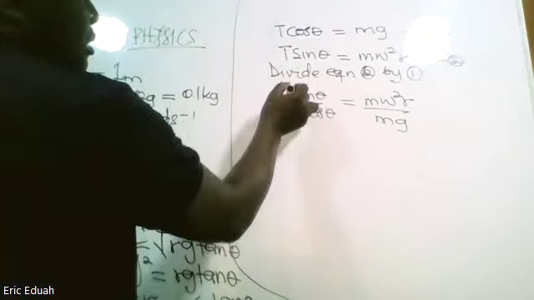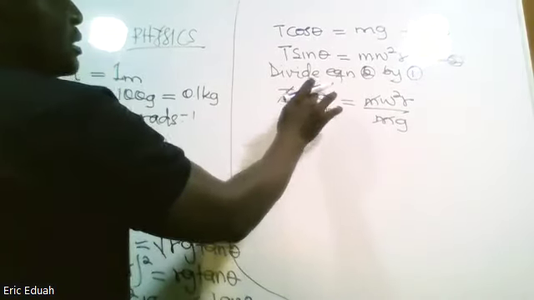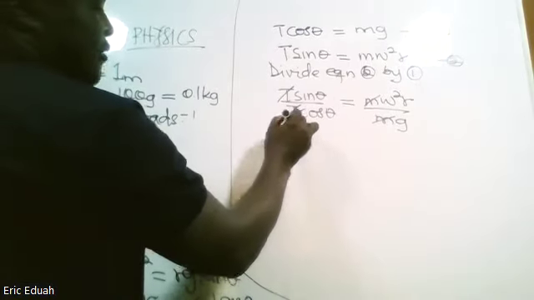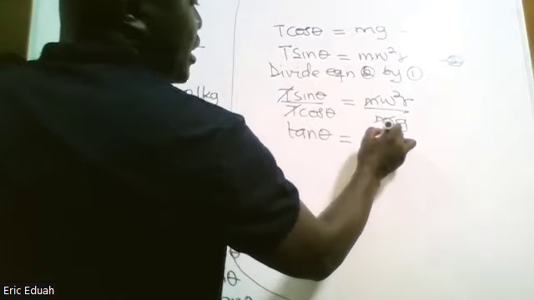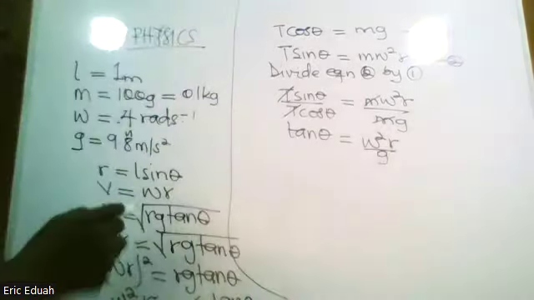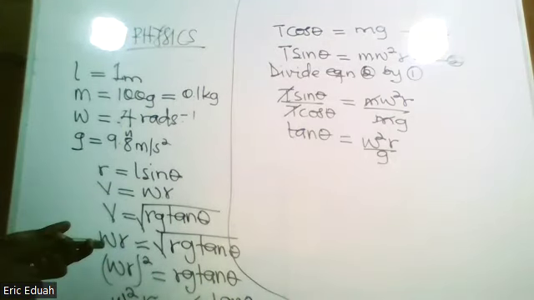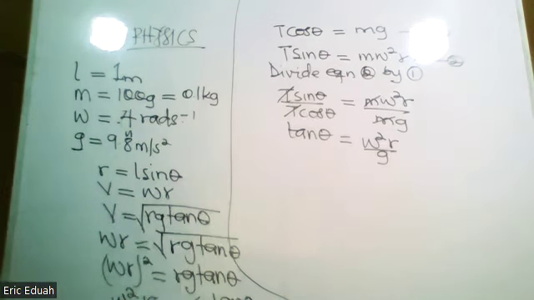And so sine theta over cos theta, I have tan theta, is equal to omega squared r over g. Omega, we have it. R, we can express in terms of theta and L. G, we have it.